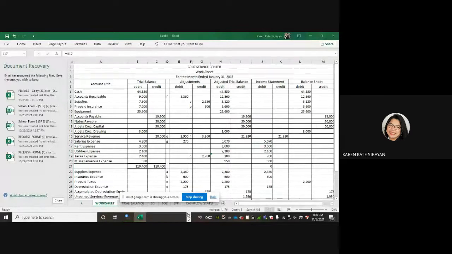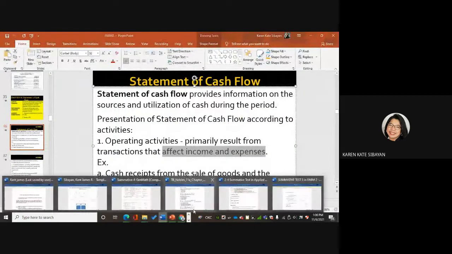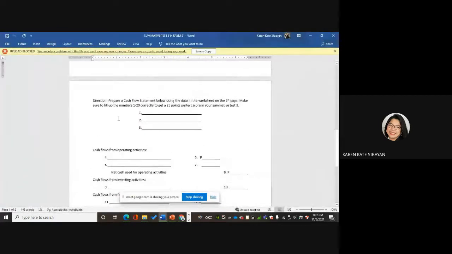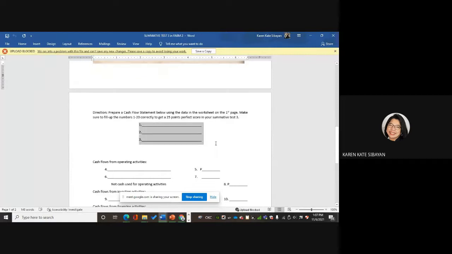What should be in the cash flows? When I click this, you will see the answer right away. Let's go to the quiz. So I said here, you need to prepare the name of the company, the type of statement, and of course, the date.